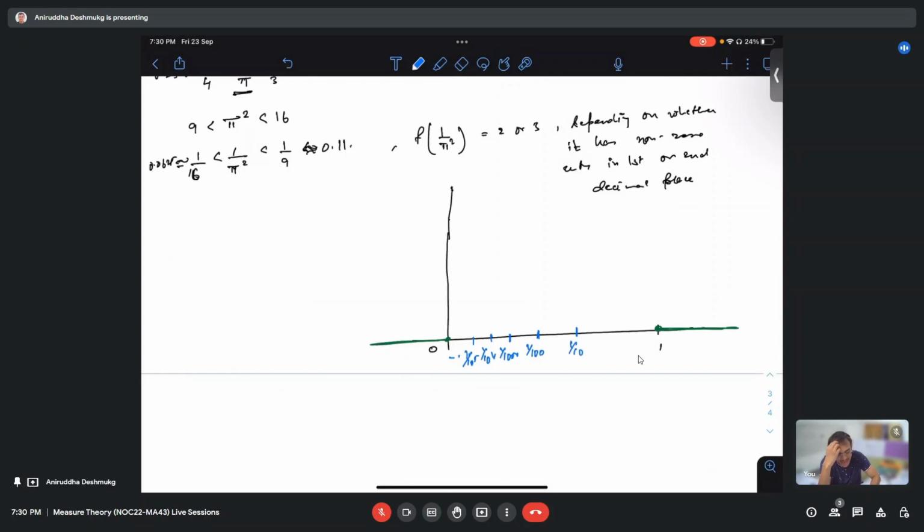Notice that any number between 1 by 10 and 1 always has a non-zero digit in the first place in the decimal expansion, because 0.1 itself has a non-zero digit in the first place. So every number bigger than 0.1 will also have a non-zero digit in the first place. So here the value must be 2 at irrational numbers.